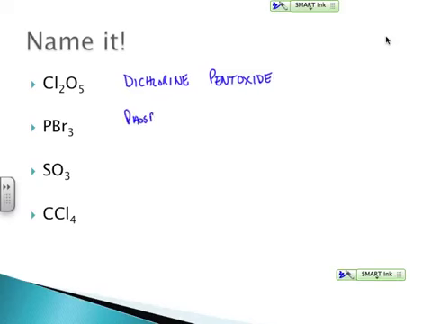Next, phosphorus. 3 bromines, that would be tribromide. Next, SO3, so that's sulfur trioxide.